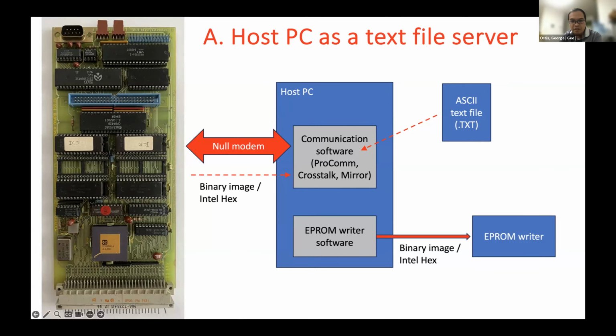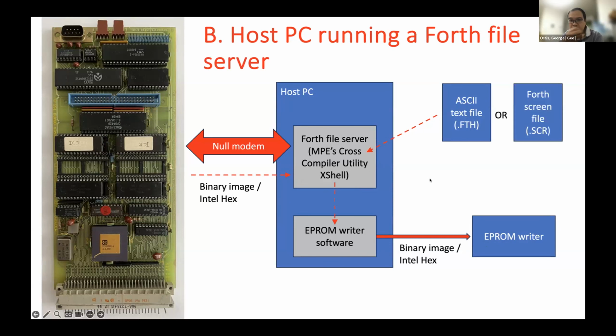The suggestion is to use communication software like Procomm, Crosstalk, or Mirror, and we just use an ASCII text file to send to the board, compile it, get the binary image into hex, and use the EEPROM writer to write this to the EEPROM, and we can replace this. Another method is host PC running a Forth file server.